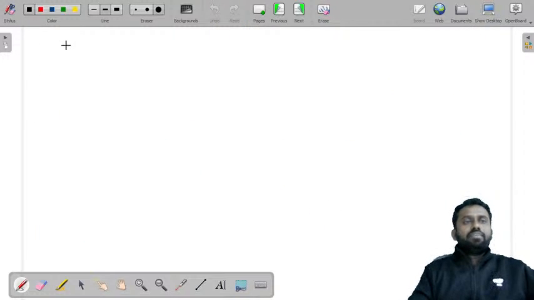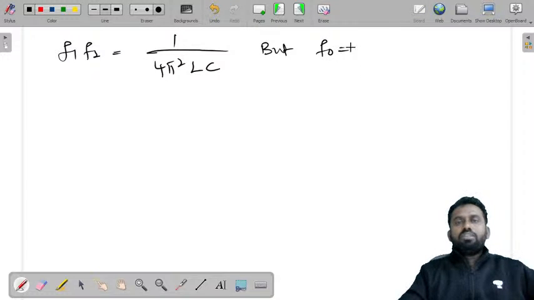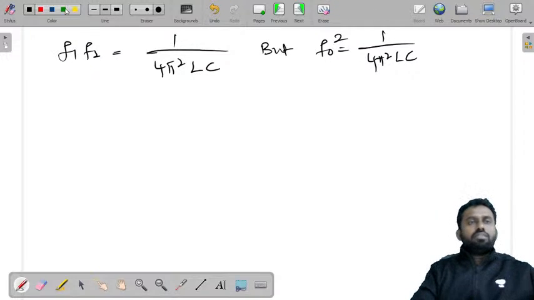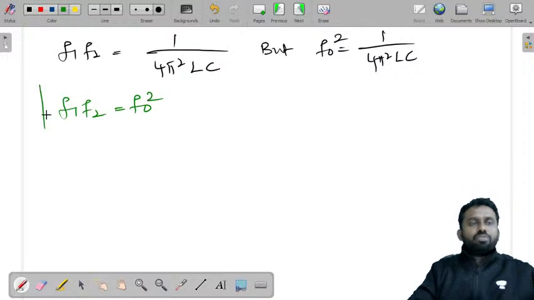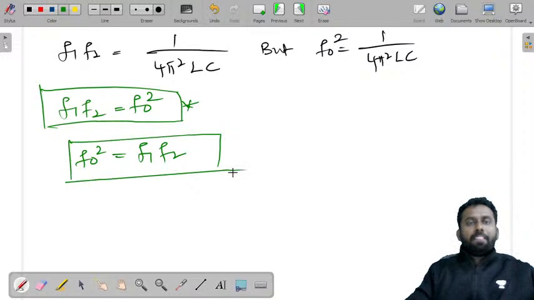But f naught is equal to 1 by 2 pi root LC, so 1 by f naught square is equal to 4 pi square LC. So then you can write f1 into f2 is equal to f naught square. This is a very important derivation. So f naught square is equal to f1 into f2.